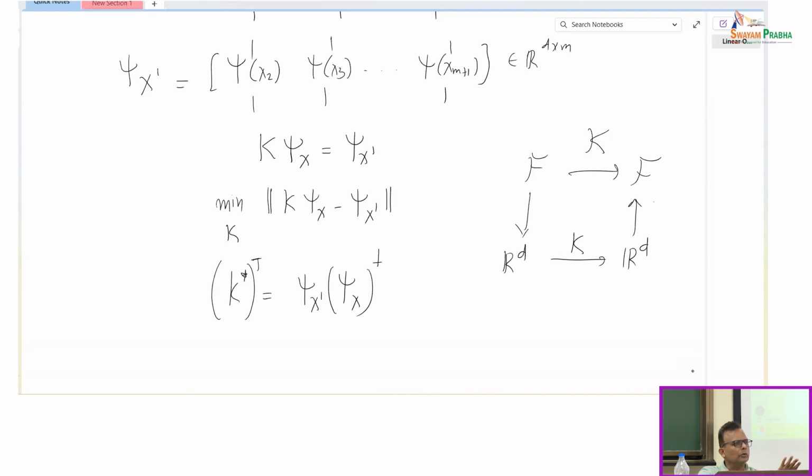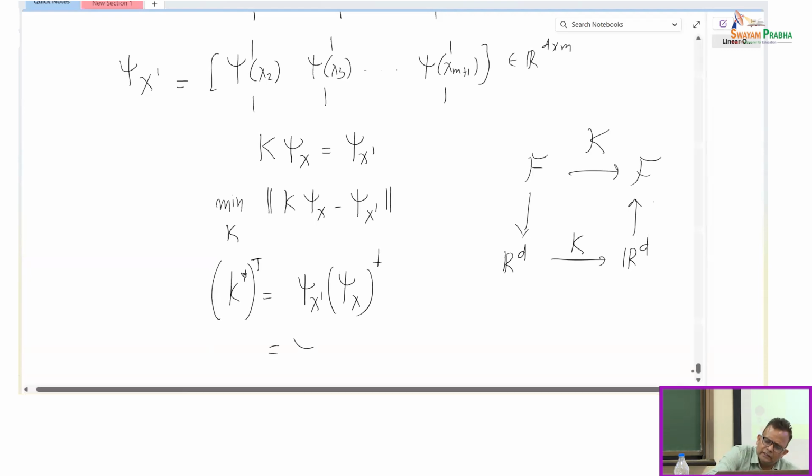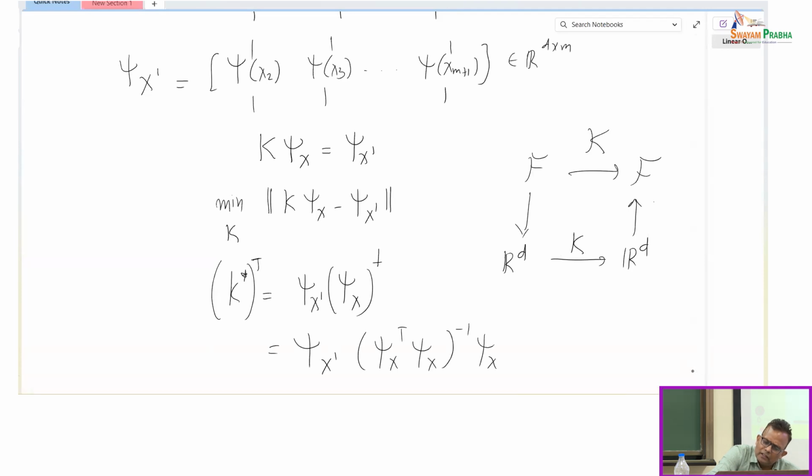Instead of finding the eigenfunction of the Koopman, you end up finding the eigenfunction of the dual operator, which is the Perron-Frobenius. That's a detail, but it's a very important detail to be aware of. And this pseudo inverse of psi of x is psi of x transpose times the inverse of psi of x psi of x transpose.